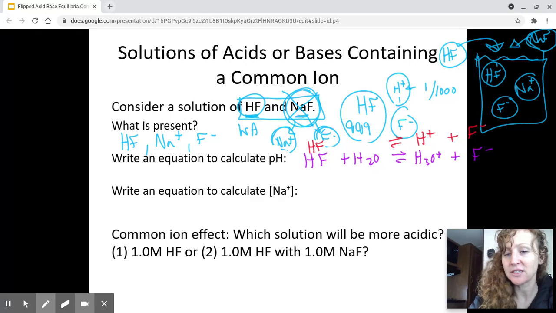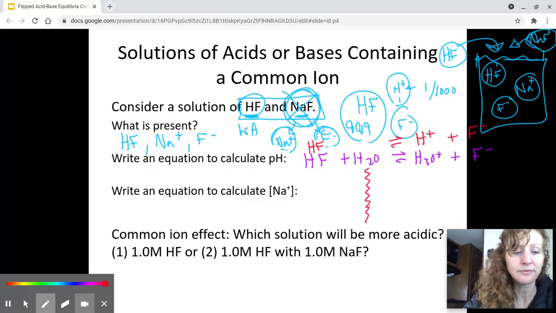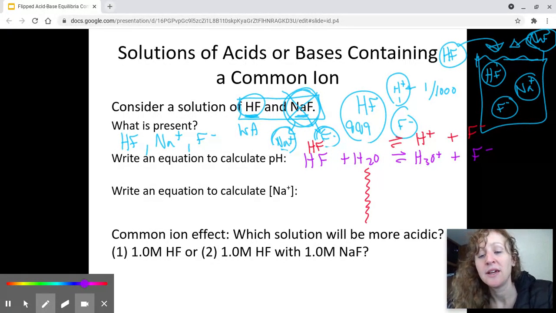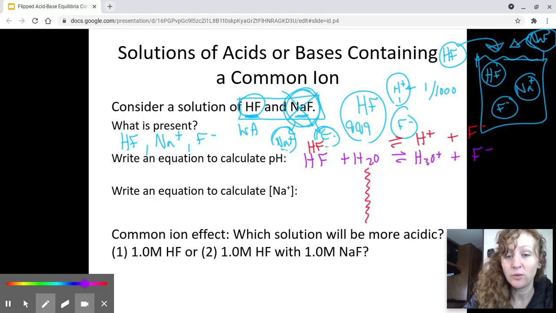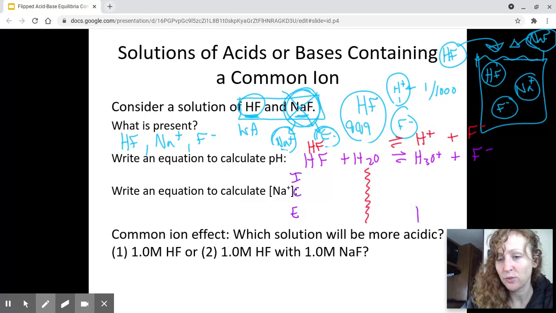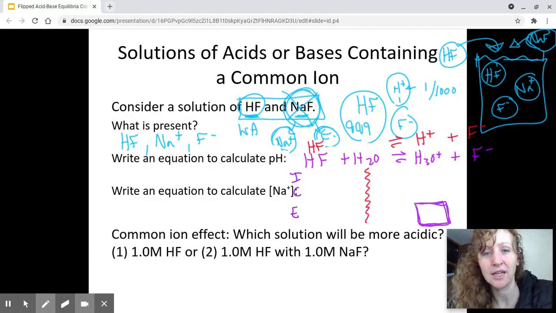It does not affect our K value because water is a liquid and we can ignore it, right? Okay, so that would be an equation where once we get to equilibrium amounts, we have an H plus ion concentration here that we can now use to calculate pH.